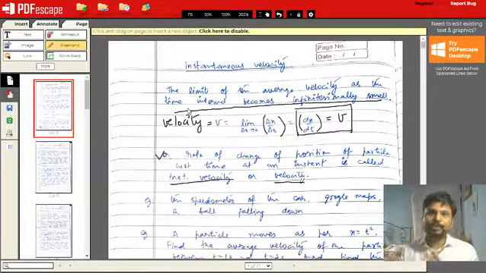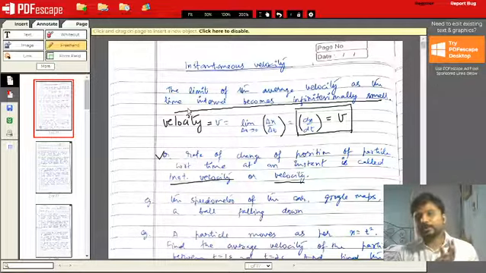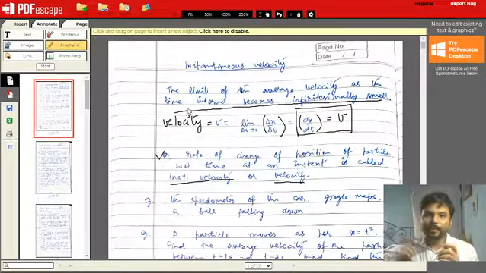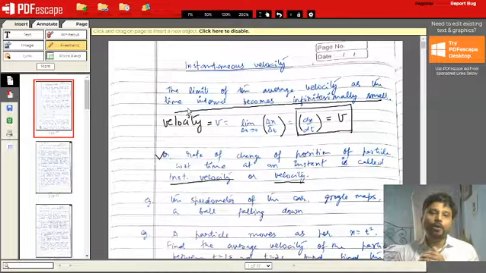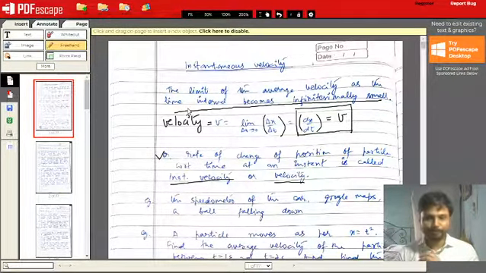So the direction combined with speed gives you the complete velocity with which you are moving. This is the judgment we get while calculating the velocity of the particle: how fast, or the rate of change of position of the particle with respect to time. That is the instantaneous velocity.